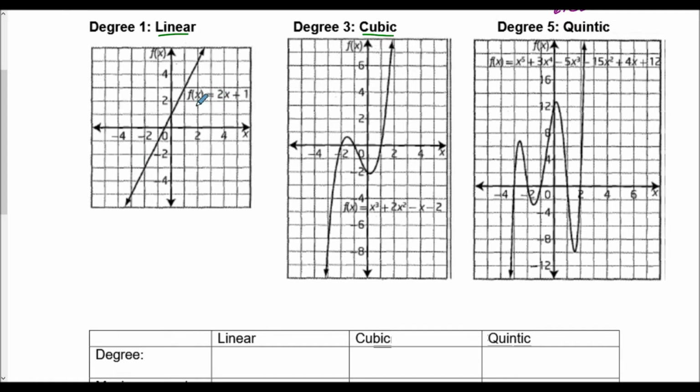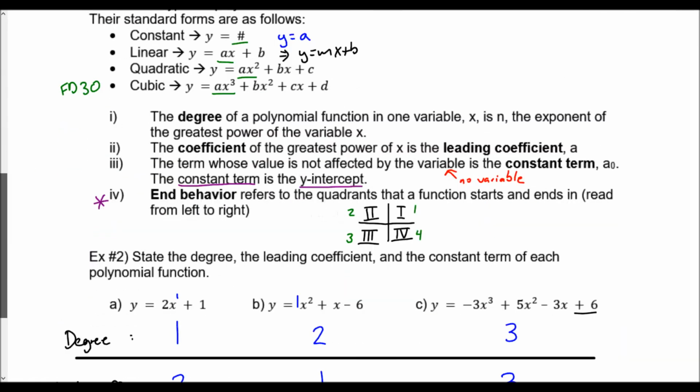Now you'll notice each of them does have an equation with them. They may be a little bit small and not the greatest to read, but they are there and you just have to take a good look at them. So first things first, what is the degree of our linear? Well, it's actually pretty identical to the one on the previous page.